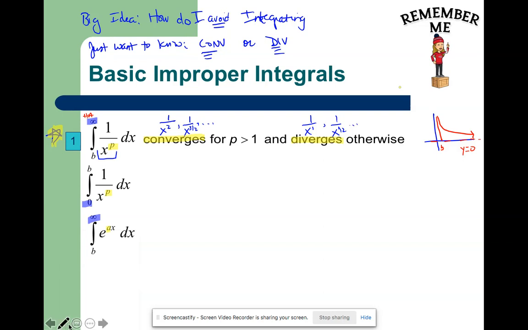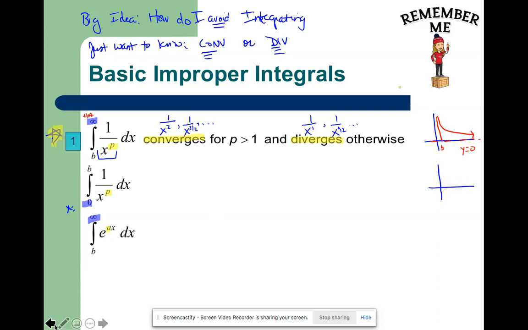Number 2, not as famous, because most of these improper integrals, when you actually go to apply them, are going off to infinity. But if instead you are going to the vertical asymptote, that means your graph looks like this.